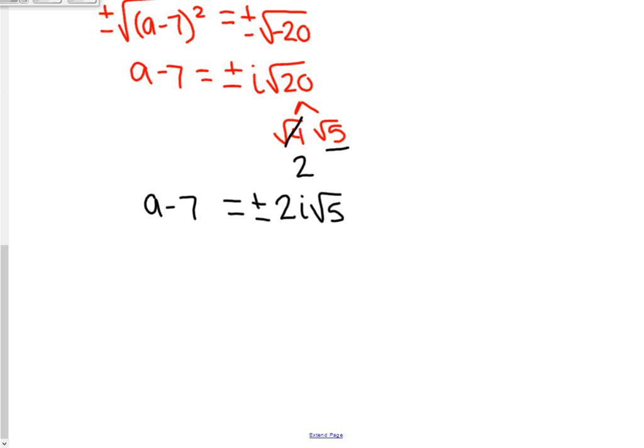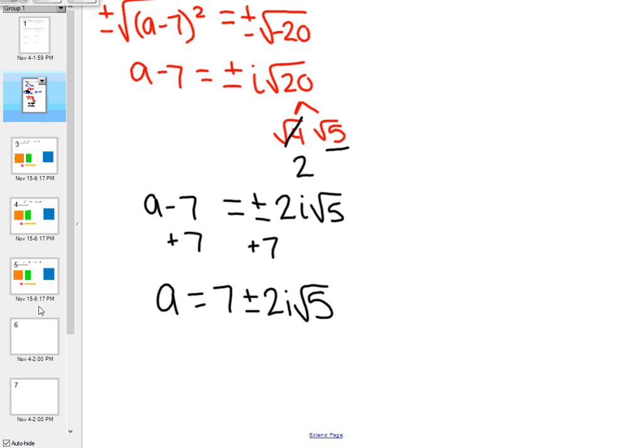We still need to get a by itself, so I'm going to add 7 to both sides. 7 is not a like term with plus or minus 2i square root of 5, so I'm just going to have that in front. So a equals 7 plus or minus 2i square root of 5. And that's going to be our final answer.